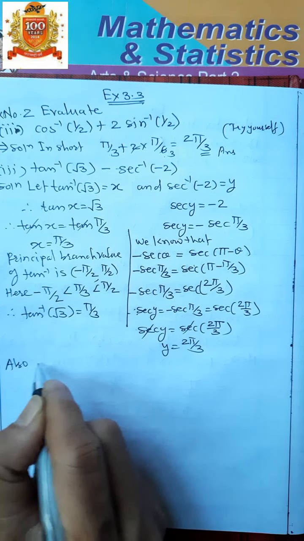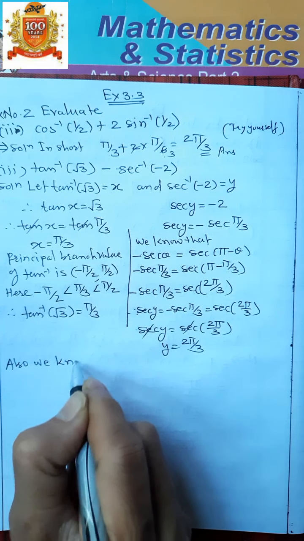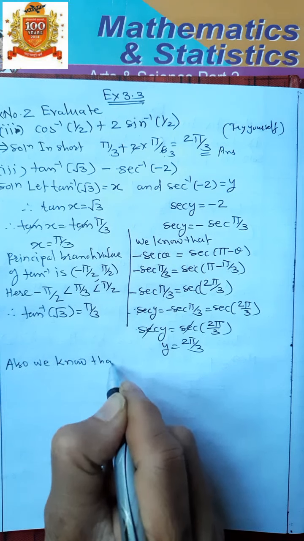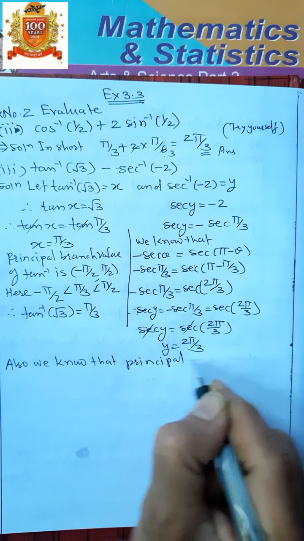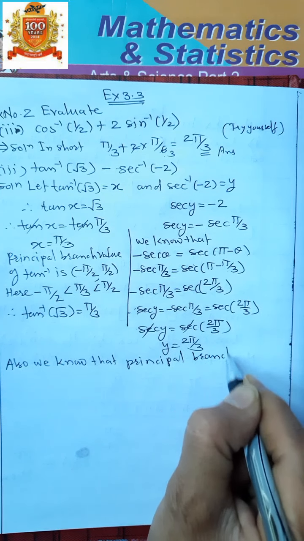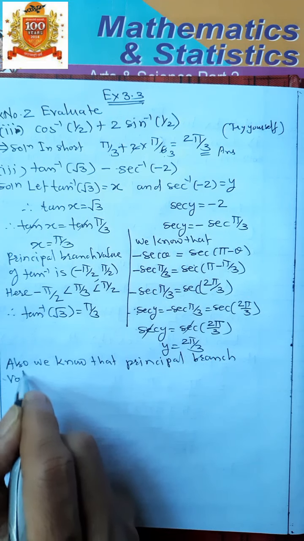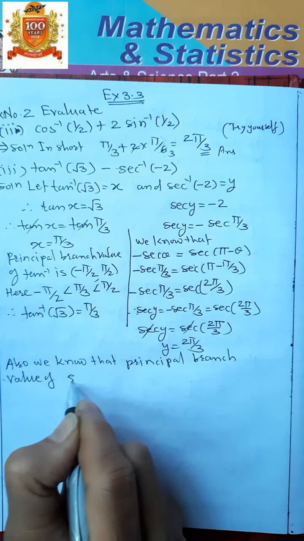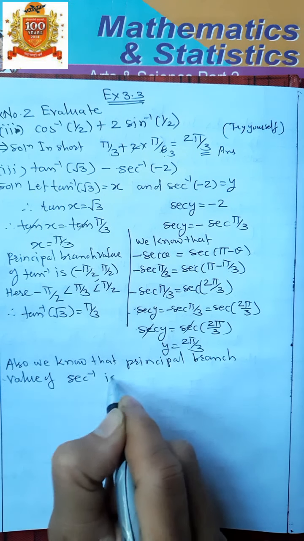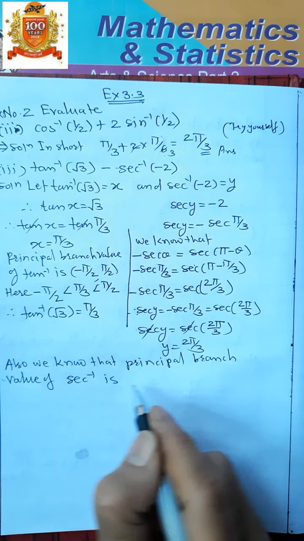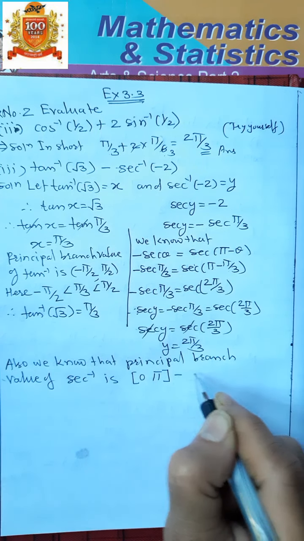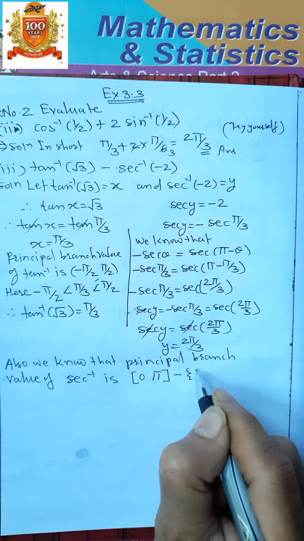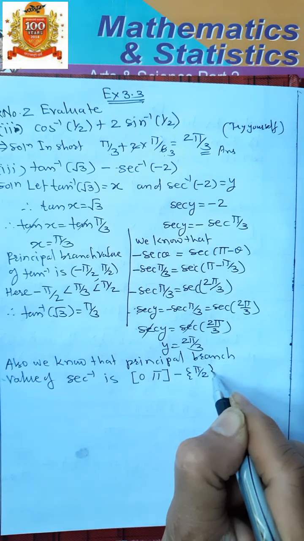Also, we know that the principal branch value of sec inverse is 0 to pi, except pi by 2.